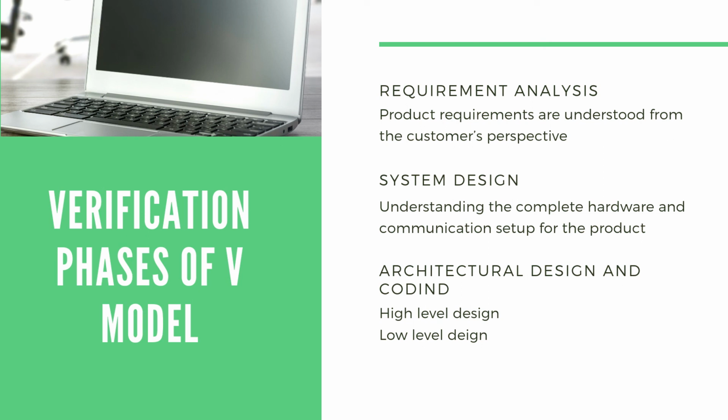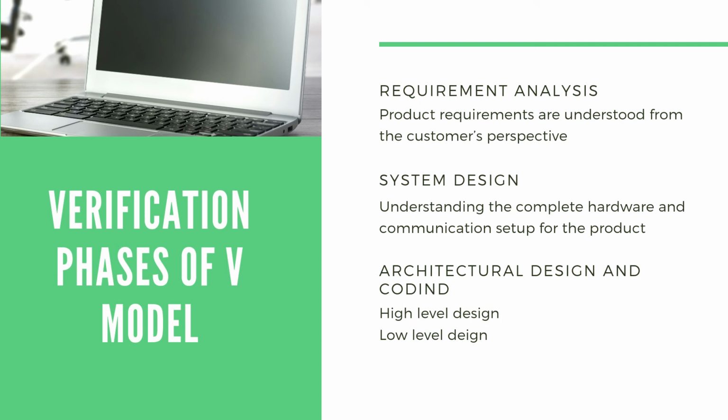There are two phases. First is the verification phase and the next one is the validation phase. In the verification phase, we will see the steps involved one by one. First is business requirement analysis. The product requirements are understood from the customer's perspective.